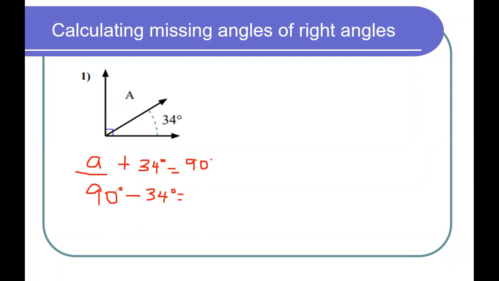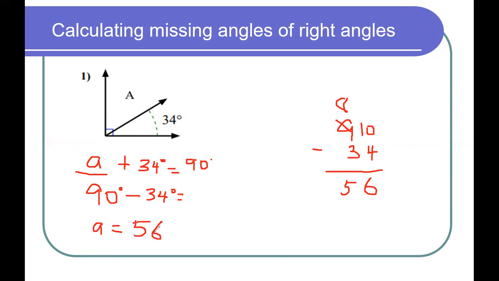So you can work it out. 90 minus 34. 0 minus 4 cannot be, so you will borrow. 10 minus 4 is 6, and 8 minus 3 is 5. So therefore, angle A is 56 degrees.